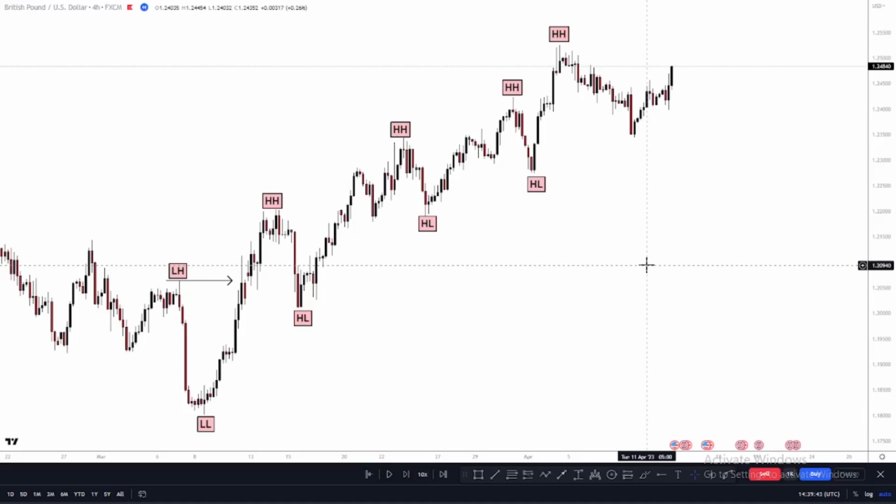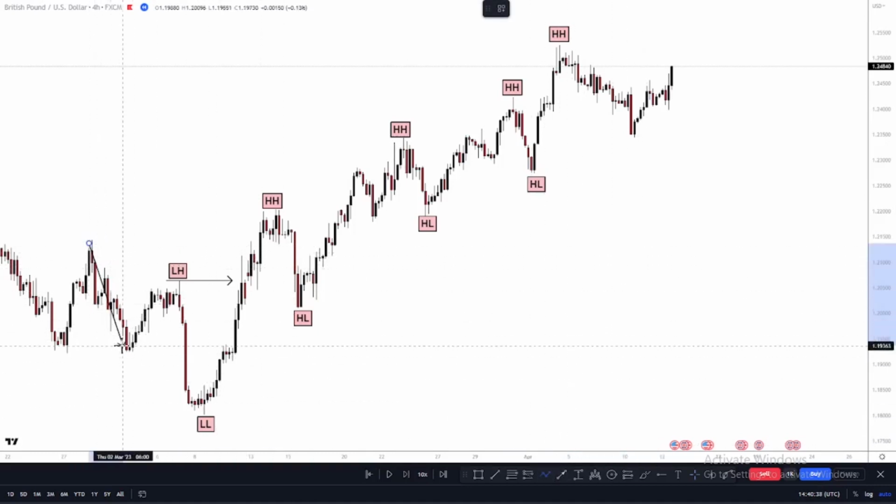Because the market is moving to the upside. But as forex traders, how do we know the market is bullish? We only know that by identifying our market structures. So now let's go into the charts and identify our market structure.